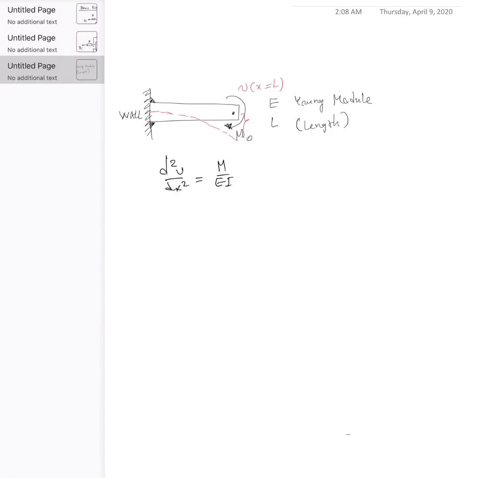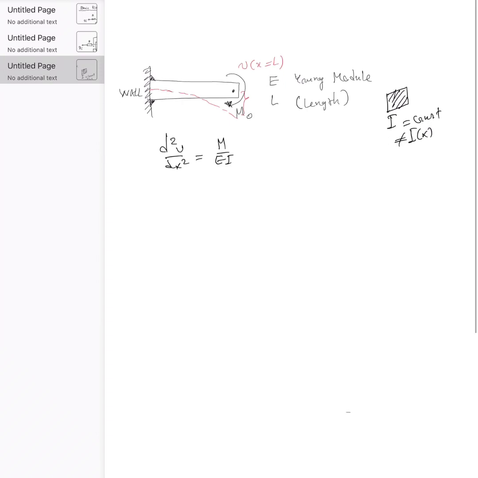Because this beam has a constant cross section, let's say for example the cross section is like this, then the I is just constant and is not a function of x. Similarly for E, it's made of the same material with constant modulus of elasticity. So I can just take this EI out of the integration to simplify my job.